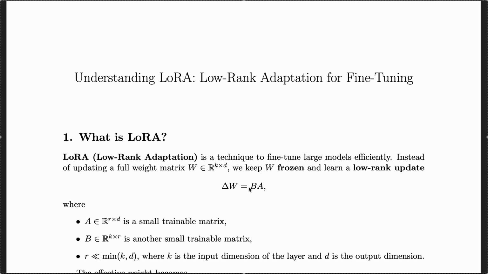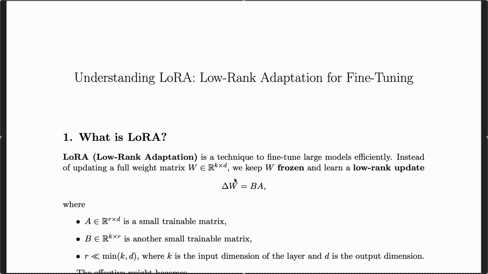We just simply add or subtract to it the change in W, which is going to be the product of two smaller matrices, B times A. Okay? So essentially what you need to understand is we're not calculating gradients for a large weight matrix. We're calculating gradients for smaller weight matrices, B and A. Once we multiply B and A together, they're much smaller, so they're computationally more efficient.